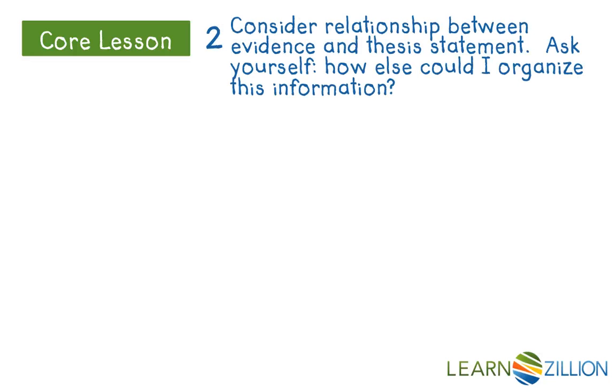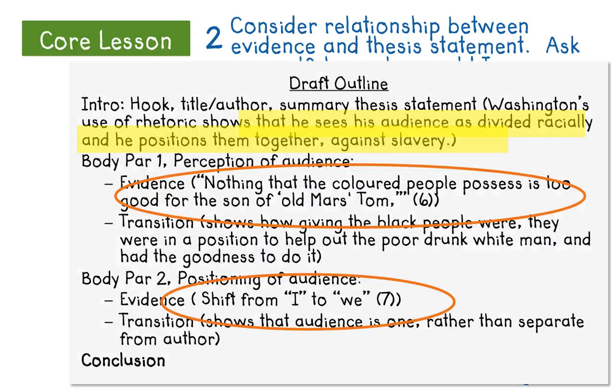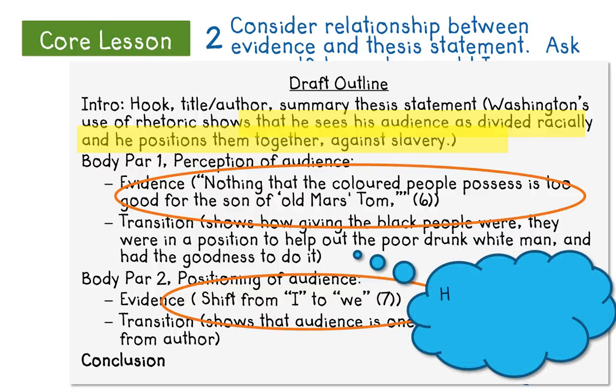So step 2 is to consider the relationship between the evidence and the thesis statement, and then ask yourself, how else could I organize this information? So here again is my outline, and like I said, there's some pieces there that just don't seem quite right, and so I'm thinking, how else could I organize this information?